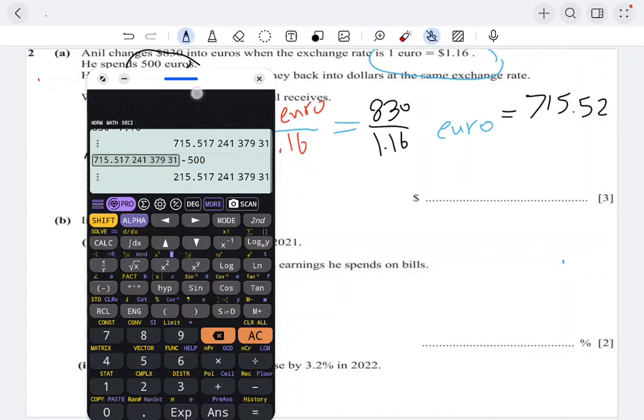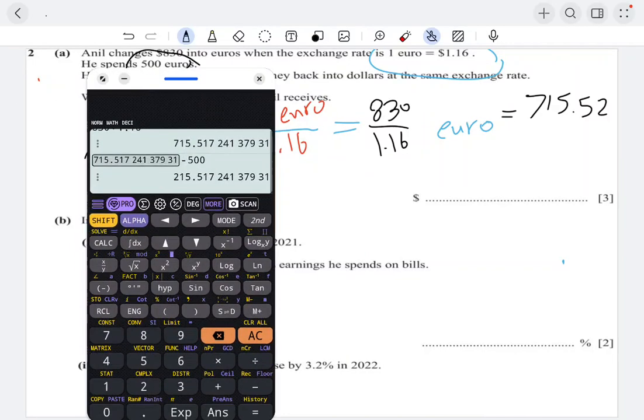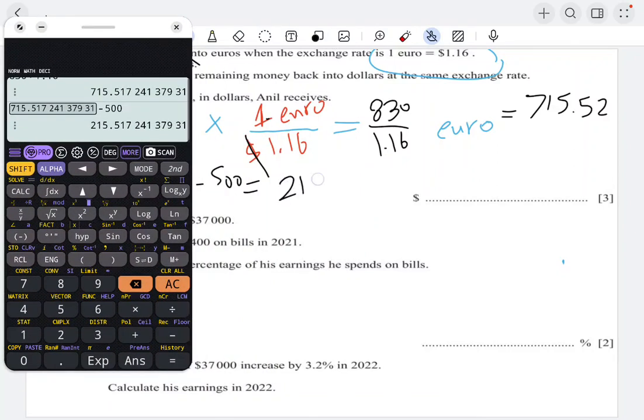Then you have 215.52. So the money that I got here, 715.52 minus 500, I get 215.52.